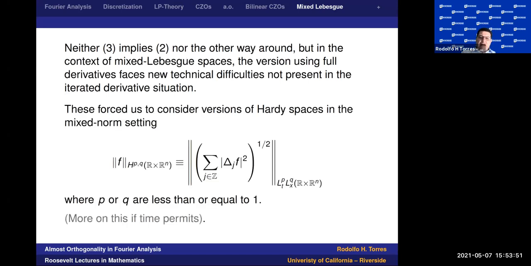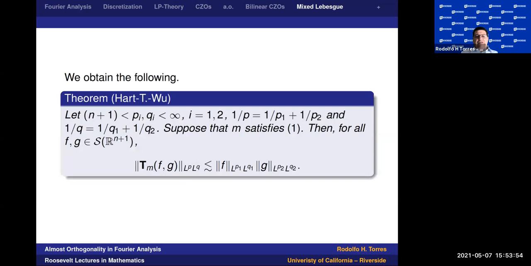Okay, let me skip this thing about HP. So what is the result? Well, we show that when the symbol has this technical condition, then we can prove that T_m applied to F and G, this bilinear operator, is bounded in this range of exponents.